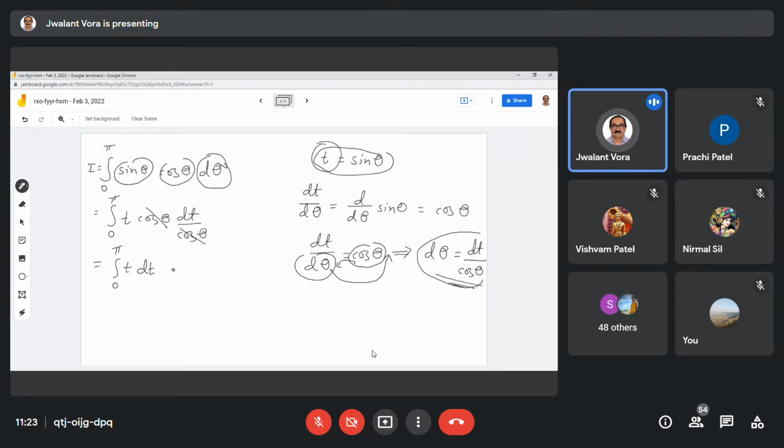The integral of t dt, using integration x raised to n dx is equal to x raised to n plus 1 upon n plus 1. So t raised to 1 gives t square divided by 2, limit 0 to pi.